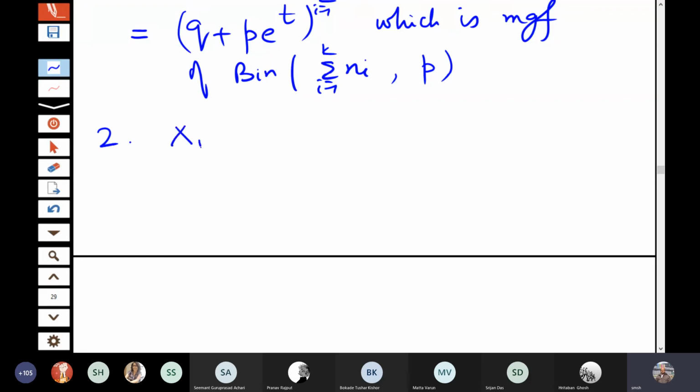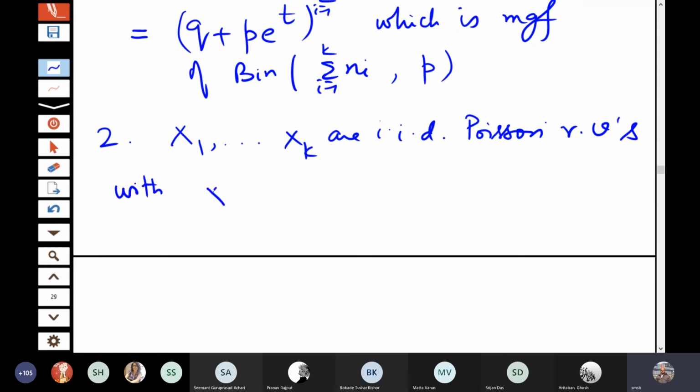Suppose I consider, say, x1, x2, xk are IID Poisson(lambda). Let us put here IID Poisson random variables with Xi following Poisson(lambda i) for i equal to 1 to k, and Y is of course sigma Xi.